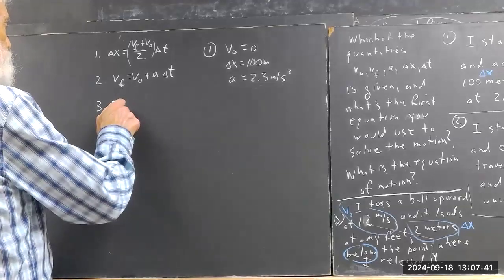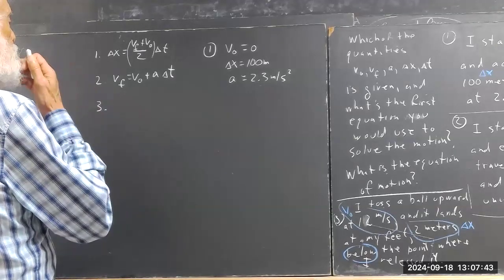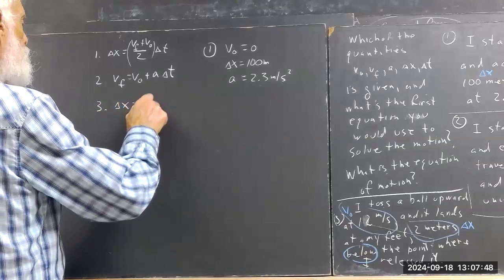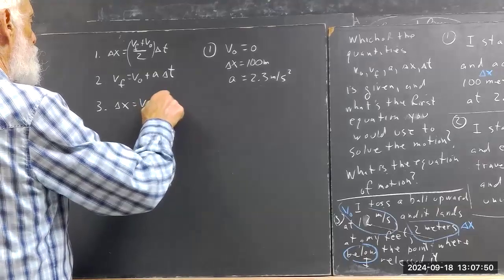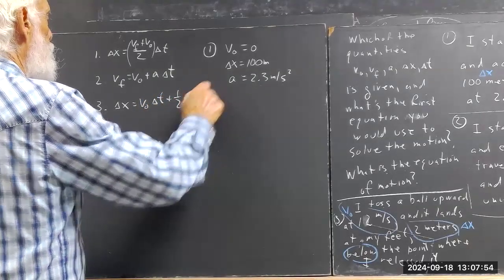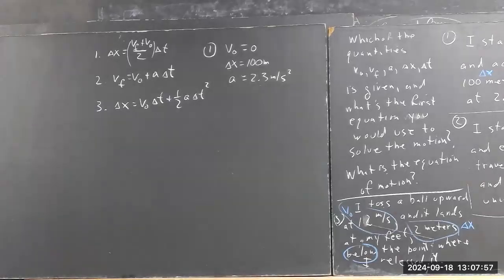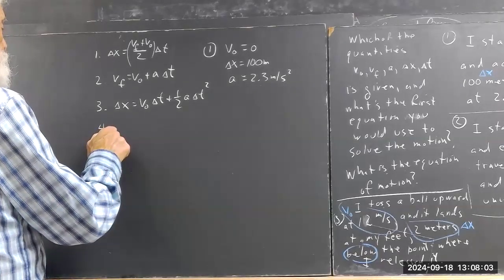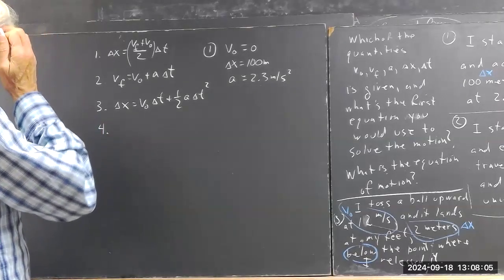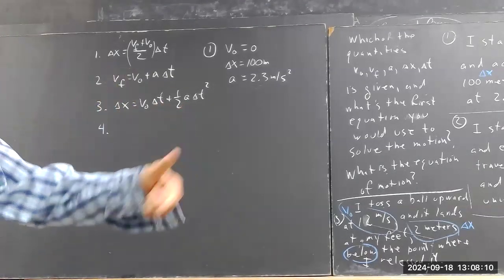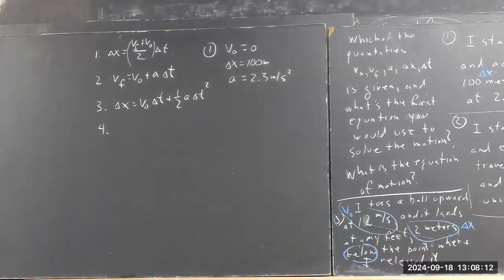And you get this, and the delta x comes from the constant term.